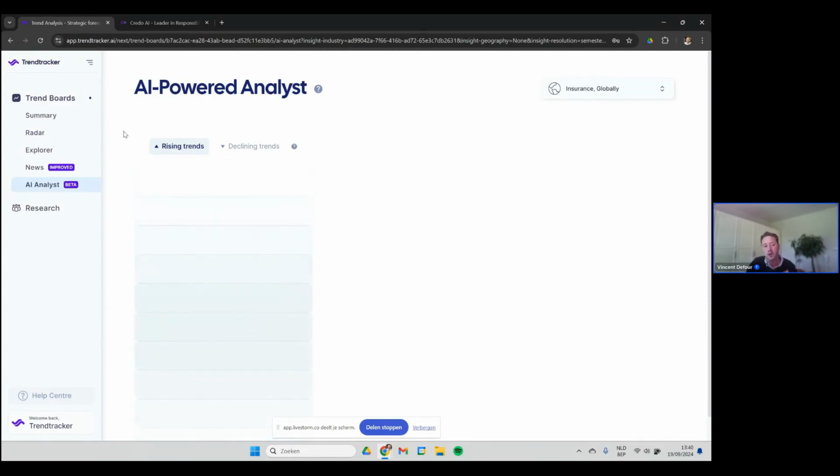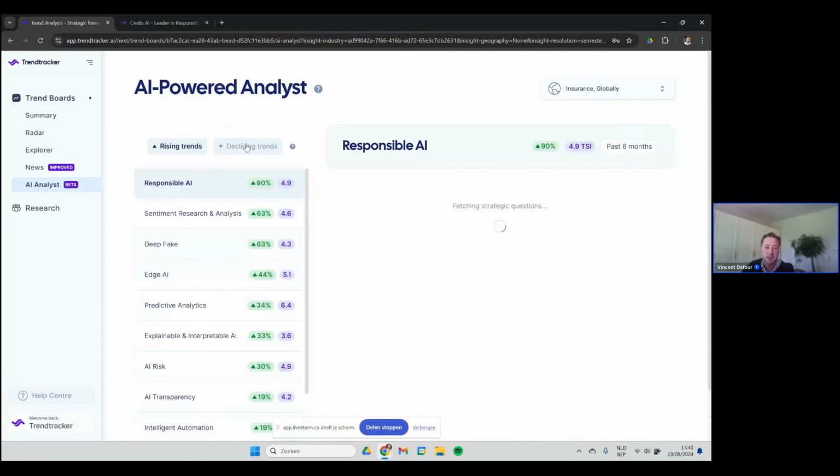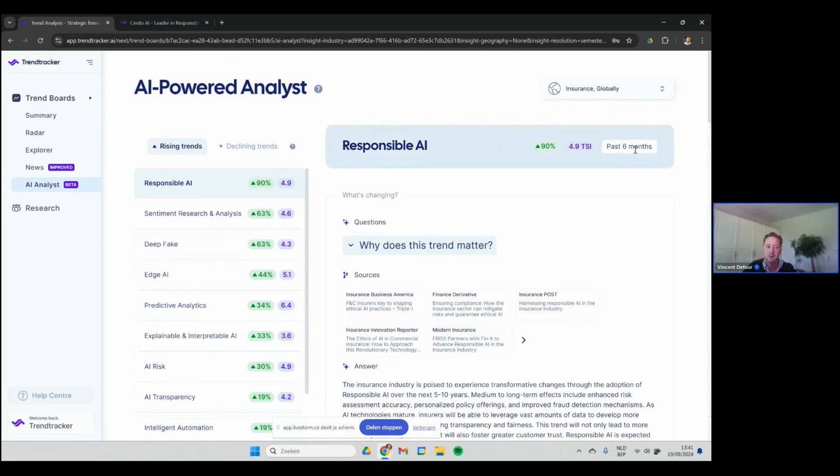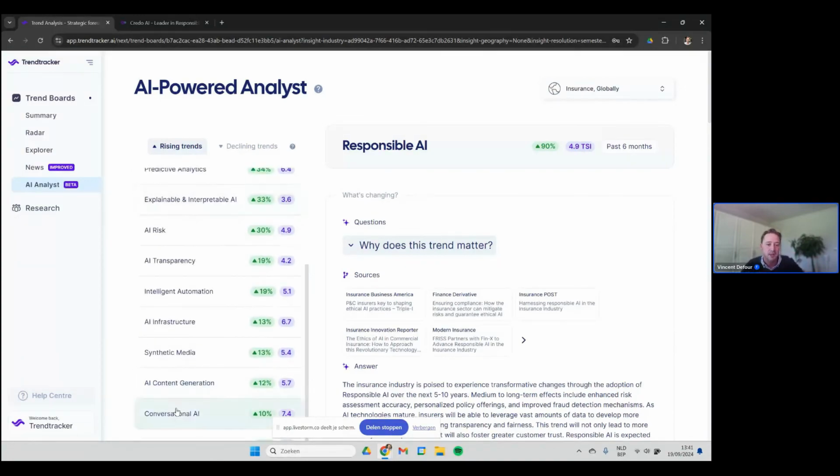So the top rising trends in your board equally combined with the top declining trends in your board. And then it will give you a list of specific trends that show considerable growth over the last couple of months. So here you can really say to your VP strategy, hey, I've monitored all these trends the last 6 months. This is your top 15 rising trends.